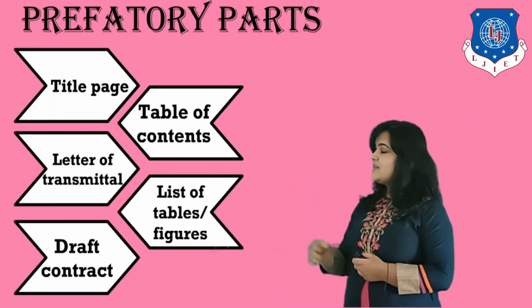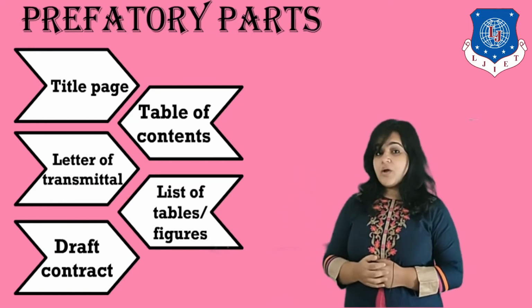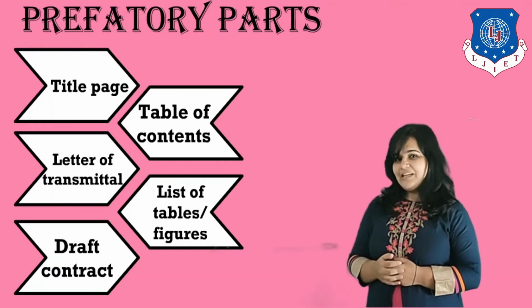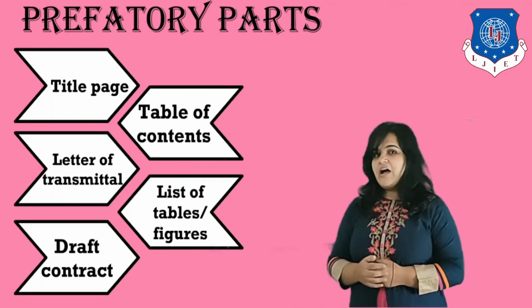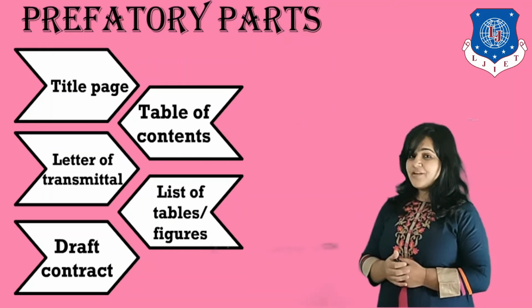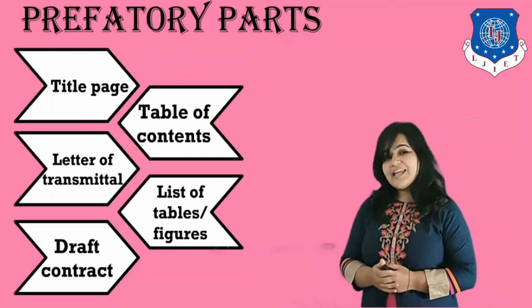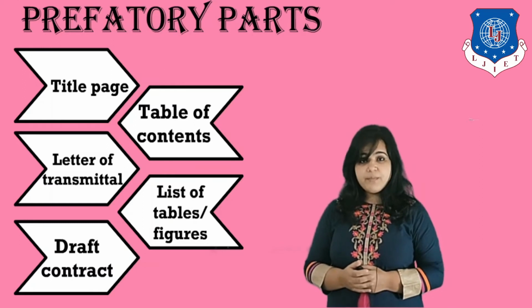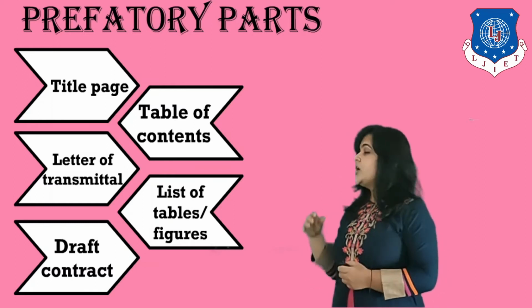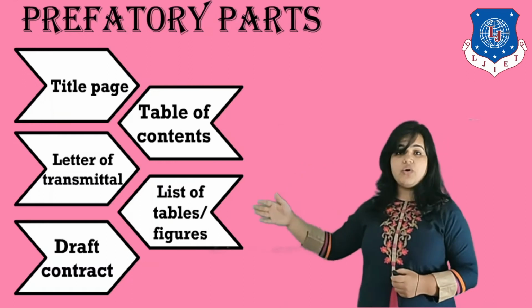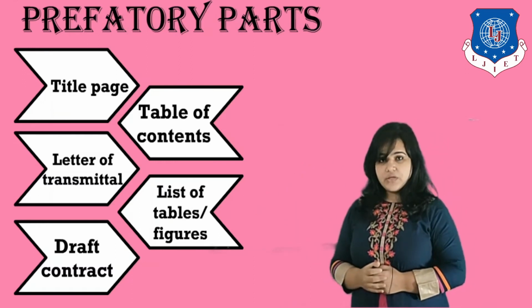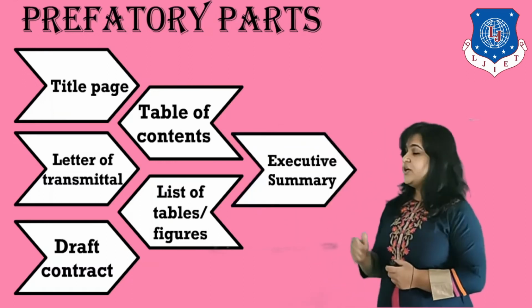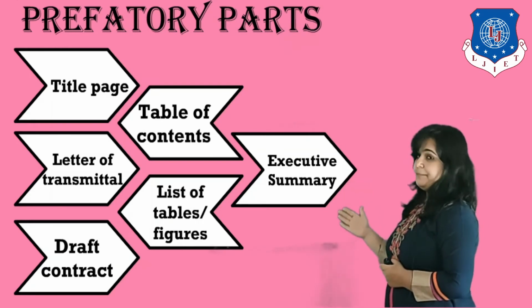Next is, of course, the list of tables and figures, showing on which page the different tables and figures exist. This will also be included in the prefatory parts. Again, as I told you, only if your proposal is too long. For a brief proposal which is 5 to 10 pages long, you do not need a table of contents or list of tables and figures. Lastly, you will include an executive summary.